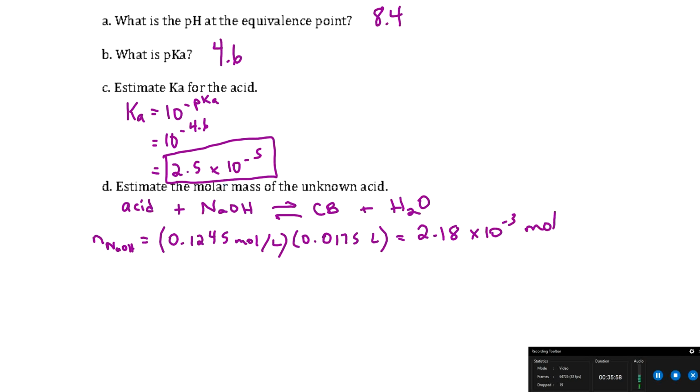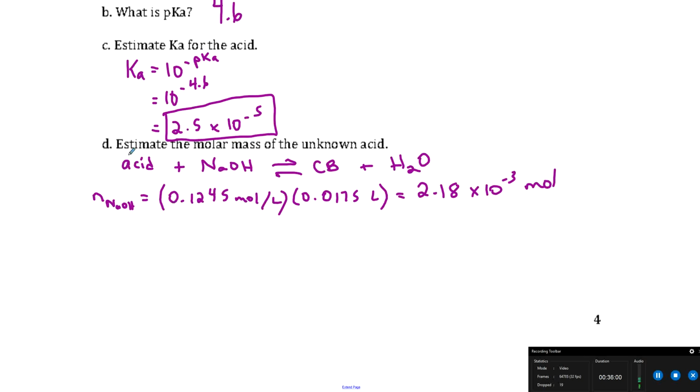We can see there's a 1-to-1 ratio here. Whenever there's a monoprotic acid, there's a 1-to-1 ratio, plus this is 1-to-1 in terms of how this base forms. So moles of NaOH equal moles of acid, which equals 2.18 times 10 to the negative 3 moles.